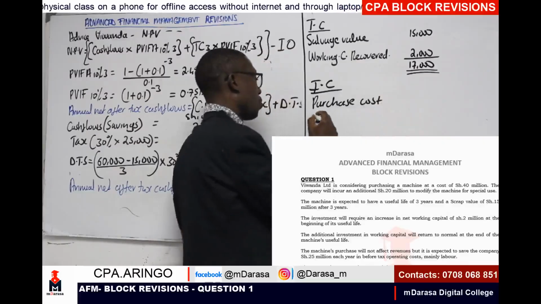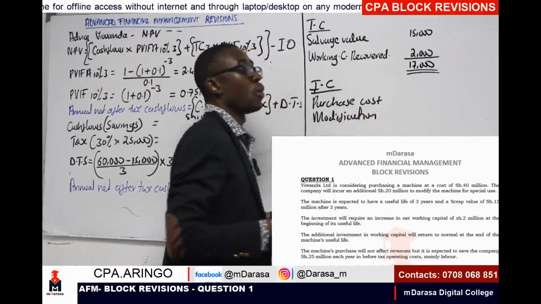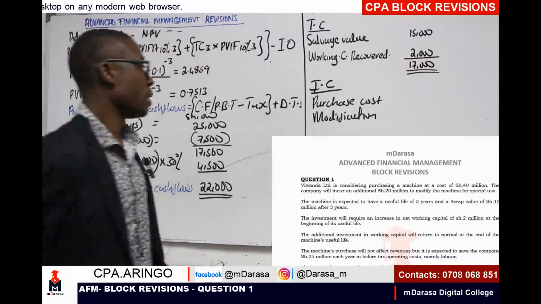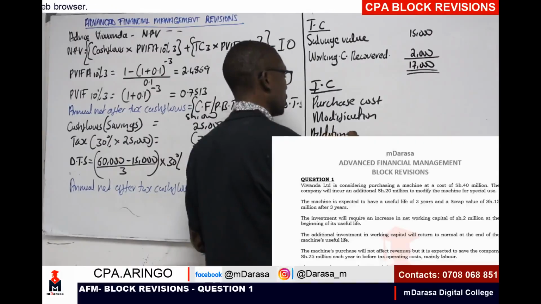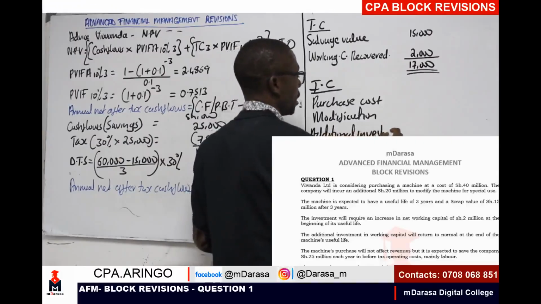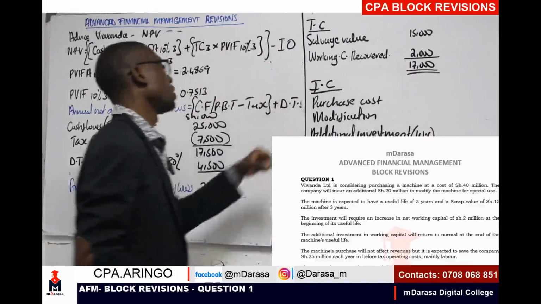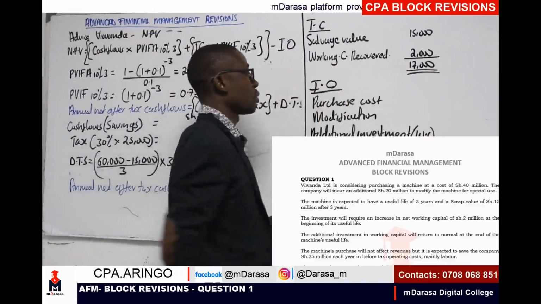We are having our modification costs. Because we had a working capital that we are incurring, again, additional investment of working capital will be required, which is what? 2 million. So this should give us our initial cost, initial outlay, right?